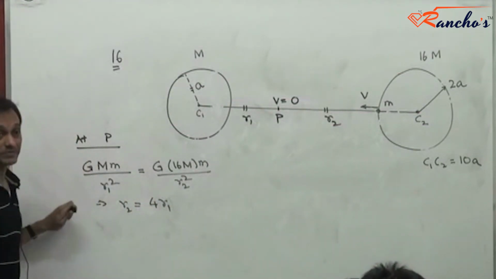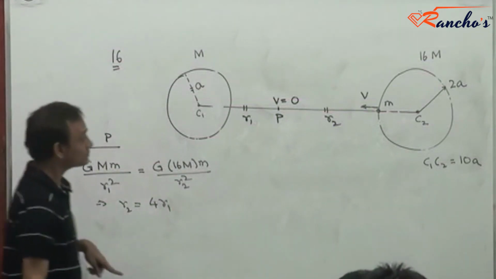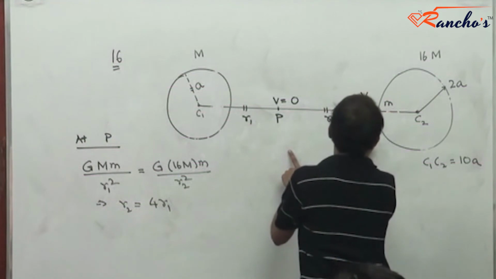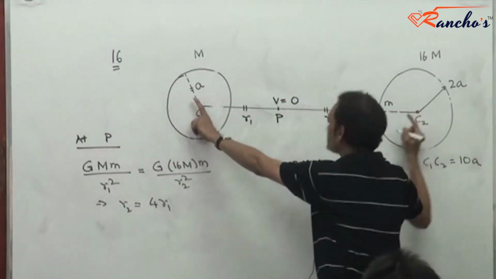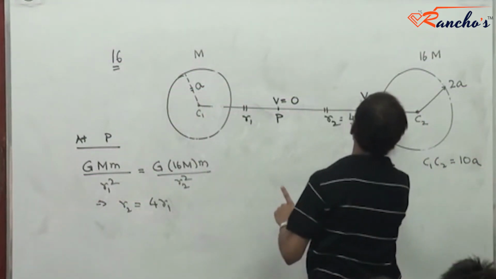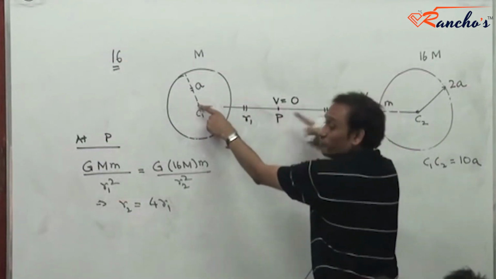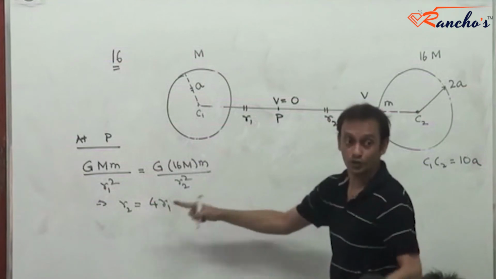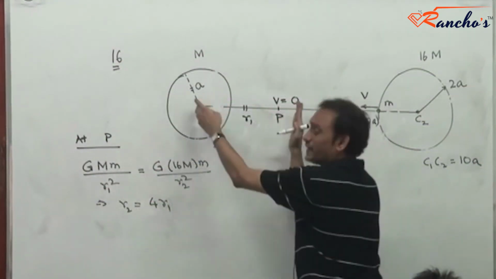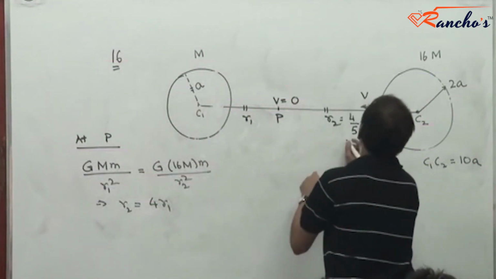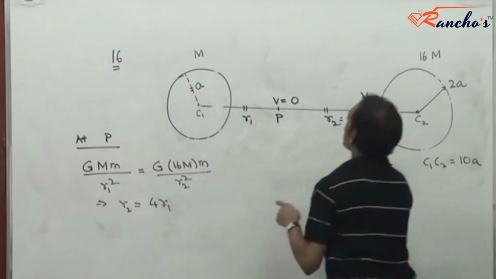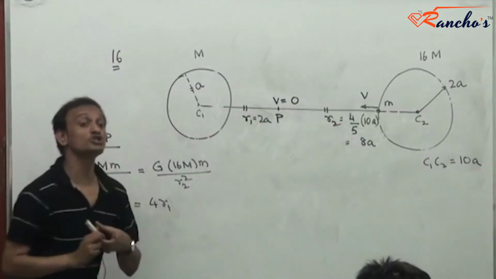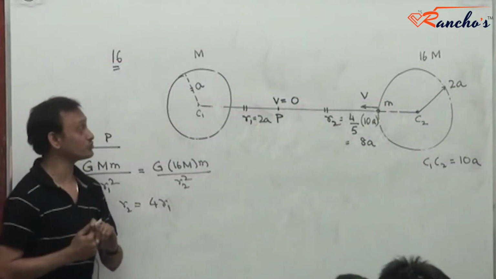So R2 would be 4/5 of the separation between them, and R1 would be 1/5 of the separation, because they are in the ratio 4:1. So R2 is like 8a and R1 is 2a. Such is the location of P.